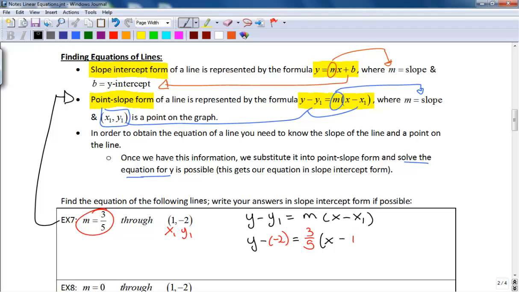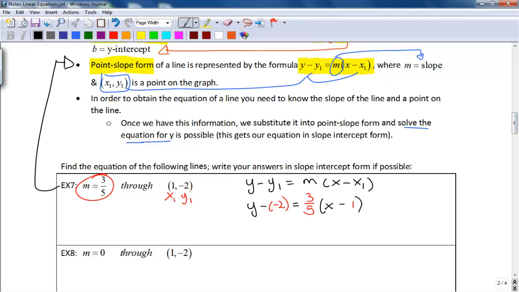So I've plugged in all the given information into the formula, and now I'm going to solve this for y. So cleaning this up, I get y plus 2. If I distribute, I'd get 3/5 x minus 3/5. And if I don't like fractions, I can clear the fraction now. I can multiply everything by 5. So I'm going to multiply both sides of my equation by 5 to get rid of that denominator of 5.